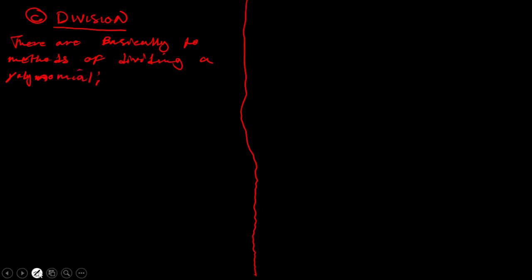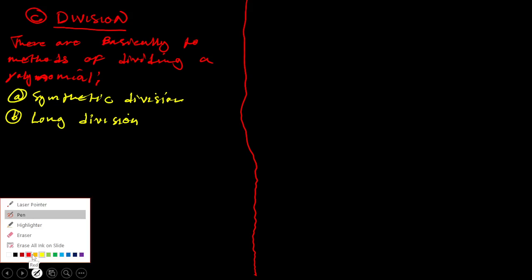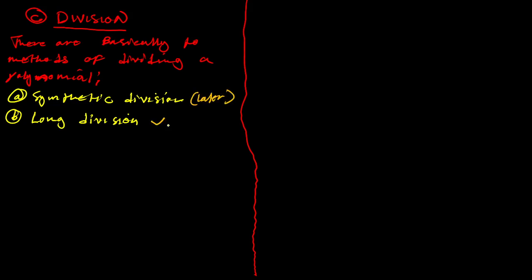The first method is synthetic division. I hope my spelling is okay. Then the second one is long division. For now, we are not going to look at synthetic division, but we are going to look at long division. Synthetic division, we'll discuss it later on in the coming lecture class.